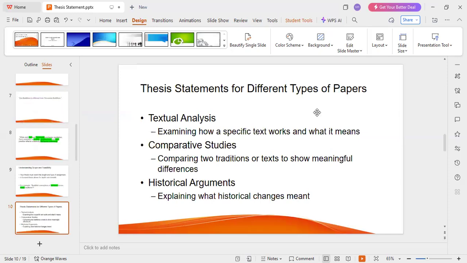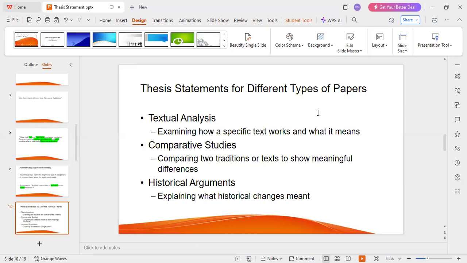So we will talk about more types of papers next Saturday, how you can cater to different types of papers, because you are not just engaged in one aspect. I remember some of you are doing textual analysis, some of you are doing comparative studies, and some of you are doing interdisciplinary studies related to law, legal studies, literature, and different areas.